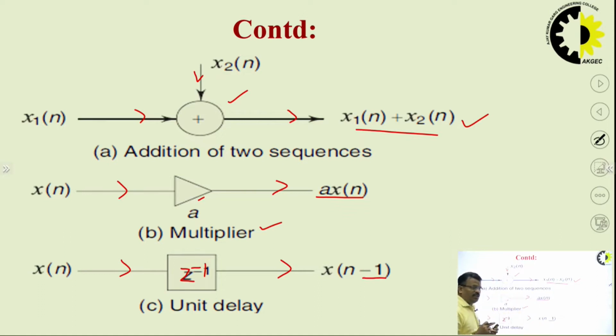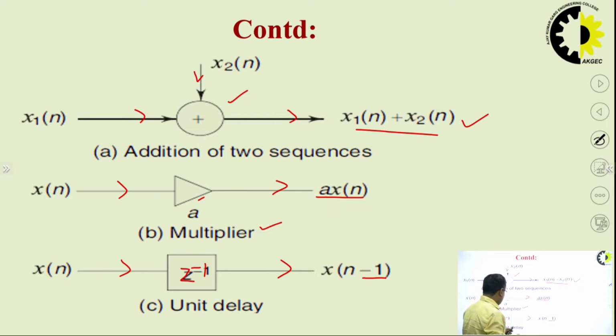So, the unit delay element delays your signal by 1 sample at a time. If you need x of n minus 2, you need 2 unit delay elements. At a time, 1 unit delay element only delays your signal by 1 sample. This you have to keep in your mind.